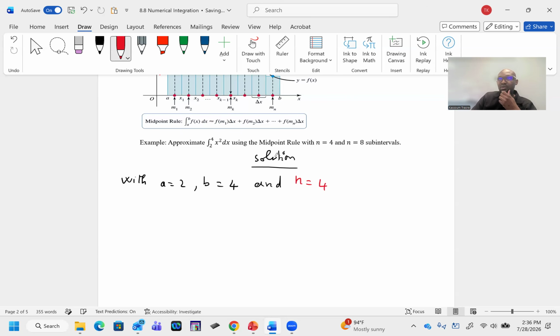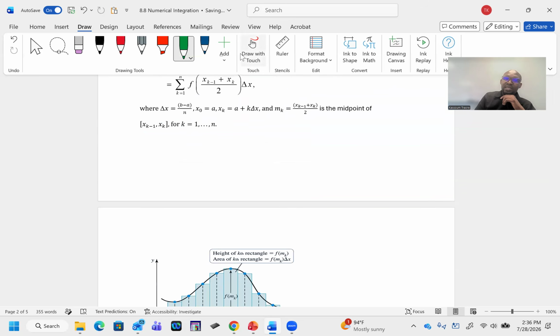So let's find the subinterval. The length of each subinterval, which is delta x. Again, you just follow the rule. Delta x we said is what? B minus a divided by n.